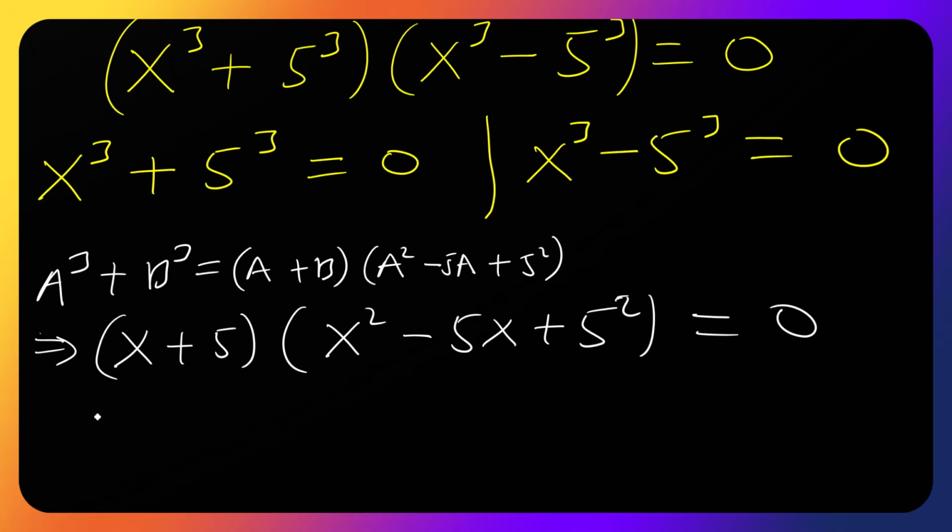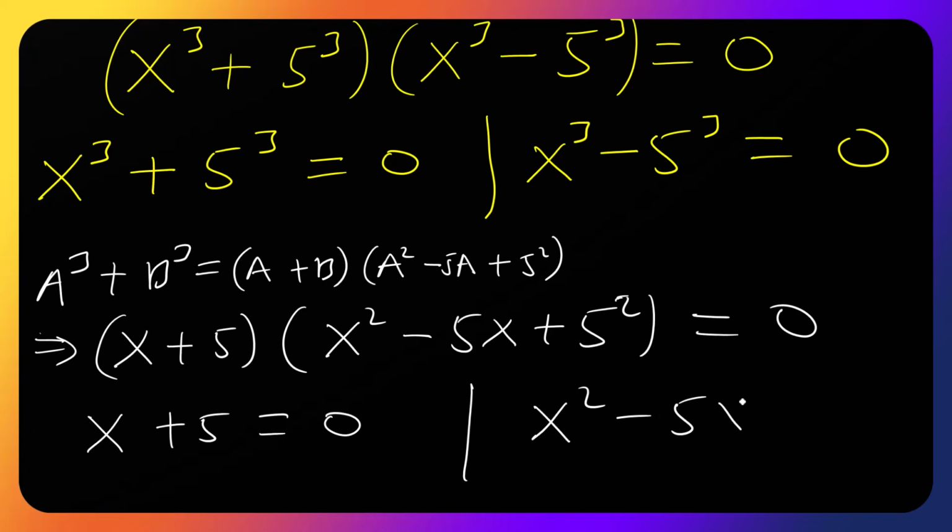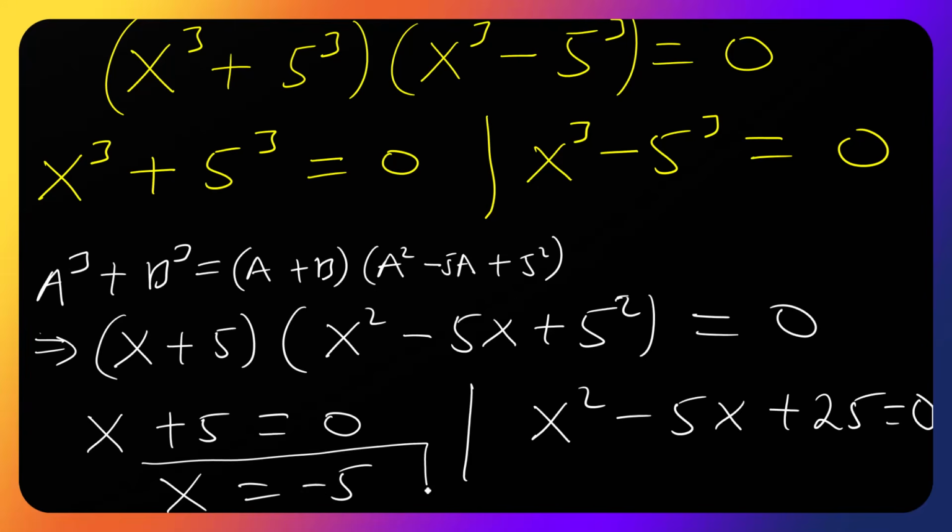So with this, we can say x plus 5 equals 0, then x squared minus 5x plus 5 squared, 25, equals 0. So from here, x is equal to minus 5. So the first solution here is negative 5.